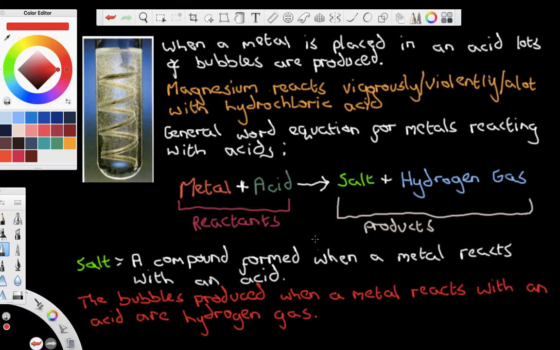So these bubbles that you can see on this image are actually hydrogen gas, and we're going to talk a bit later on how you can test for hydrogen gas.